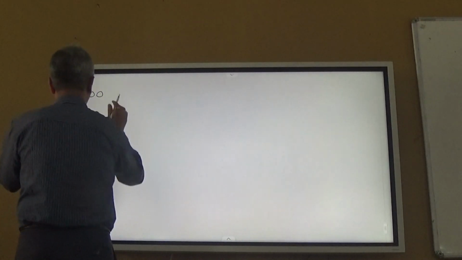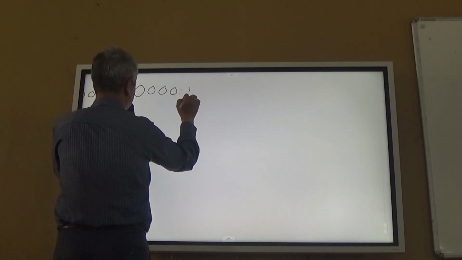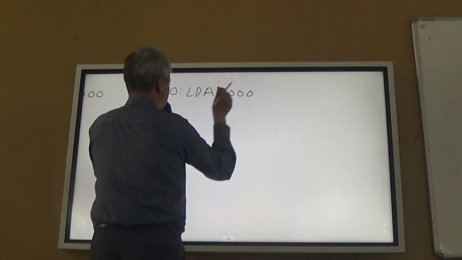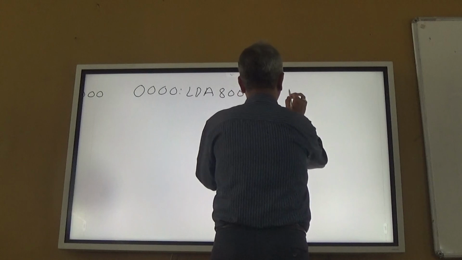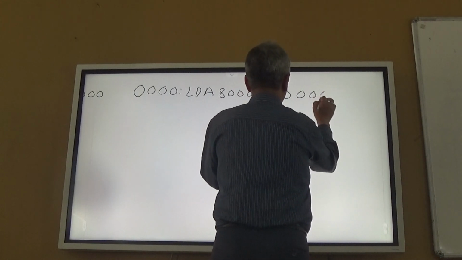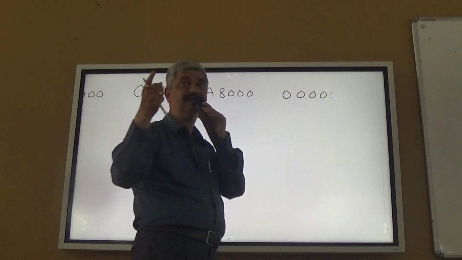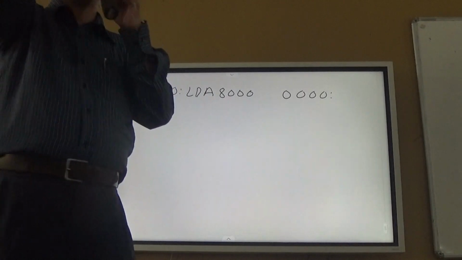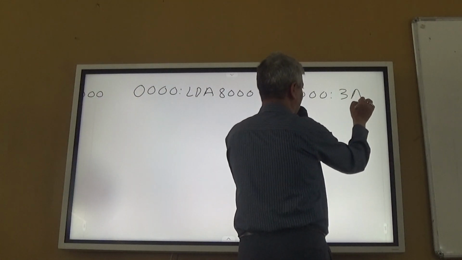So at 0000, the instruction is LDA 8000. So at 0000, what will be in the memory? It will contain the opcode of LDA, so 3A.